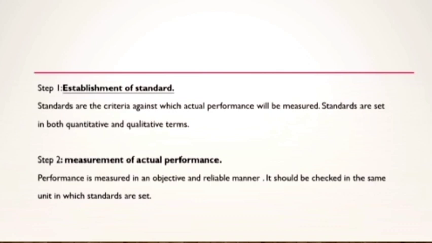The first step of the controlling process is establishment of standard. Standards are the criteria against which actual performance will be measured, and standards are set in both quantitative and qualitative terms. Thus, standards serve as benchmarks toward which an organization strives to work.